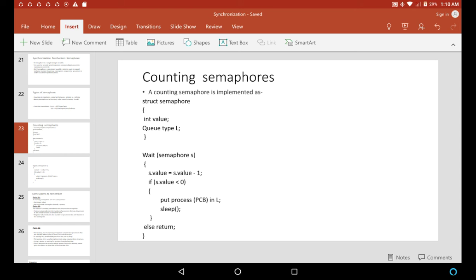Now P4 and P5 are sent into the block list, and at that time the value of the semaphore, S dot value, is equal to -2. That means whatever the value given by the semaphore, if it is a minus value, that many processes are there in the suspended list, right? If S is equal to -2, two processes are there in the block list. If S is equal to -4, four processes are there in the block list.